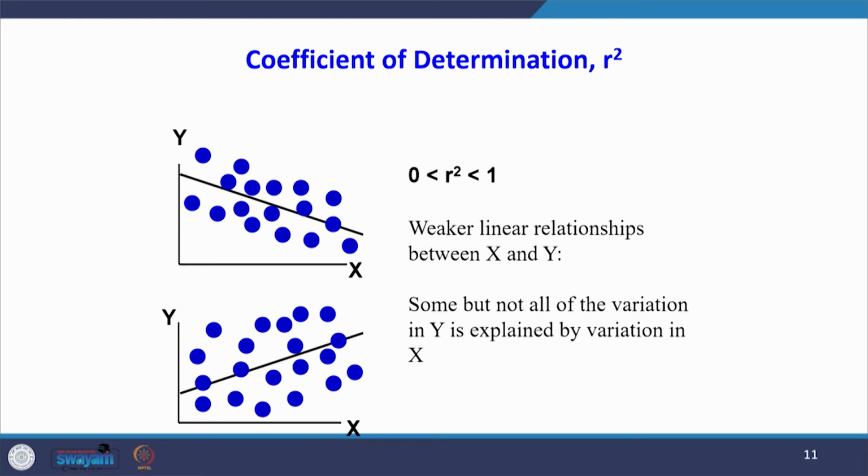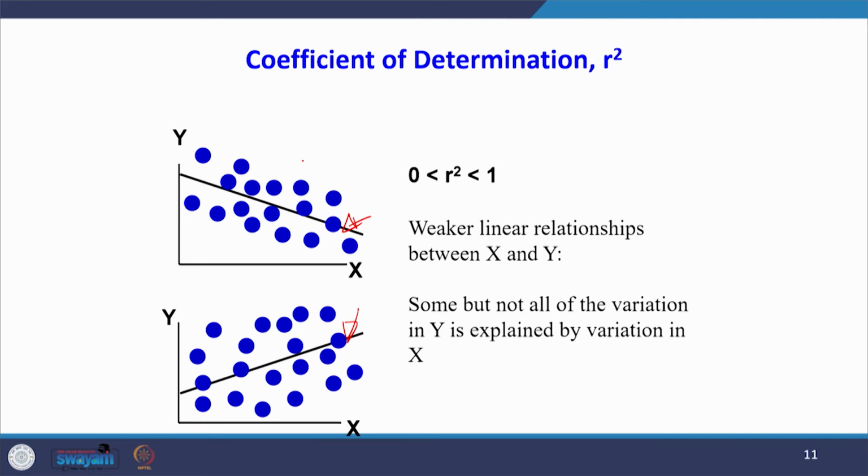Now, if the value of R square is between 0 and 1, it will not be perfect, and the actual points, the blue points, are scattered around this line. Similarly, the bottom figure is scattered around the thick line. So it is a weaker linear relationship between x and y: some, but not all, of the variation in y is explained by the variation in x.